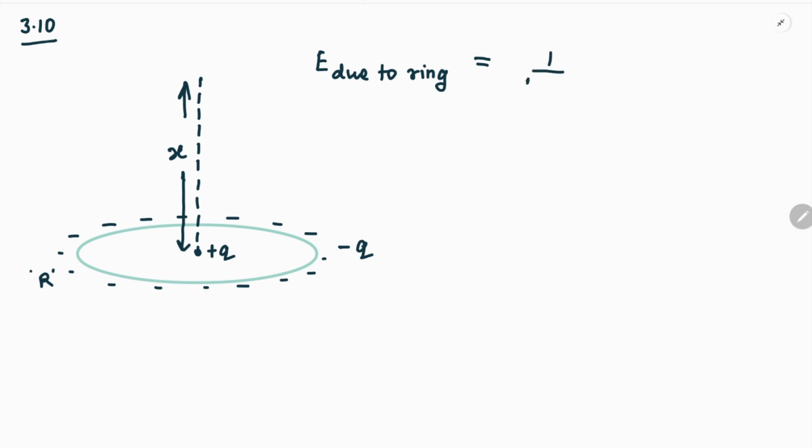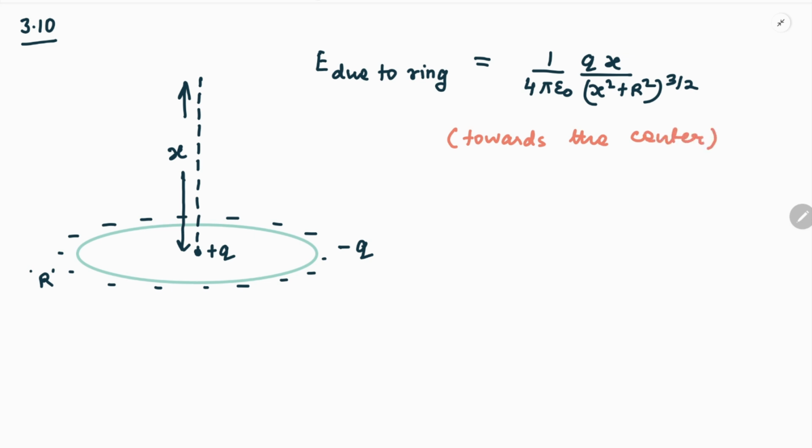We are writing K as 1 by 4 pi epsilon naught, so it is Qx upon (x square plus r square) to the power 3 by 2, and it must be kept in mind that it is directed towards the center of the ring.